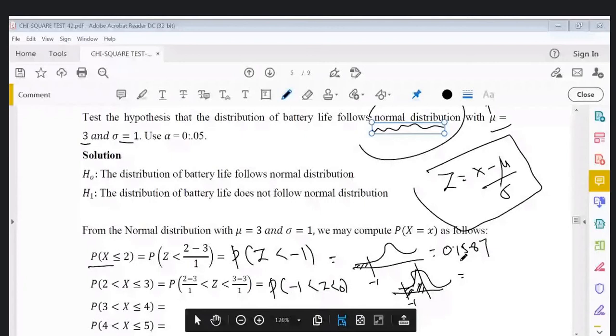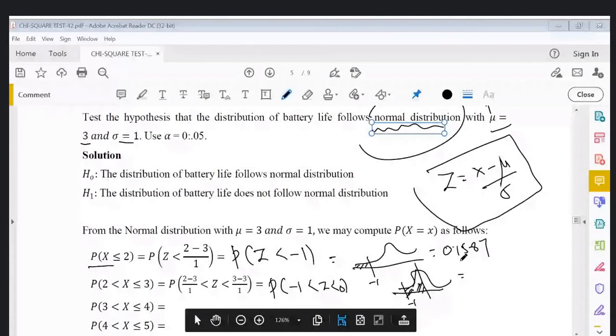Okay, berapa dapat ni? Buat sedia ni. Okay, 3, 4, 3. It is equal 0.5 minus 1, 1583. It is equal 0.3413.